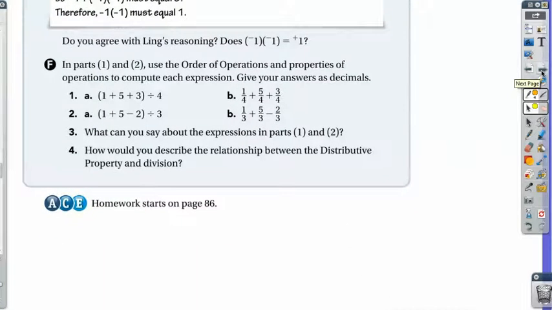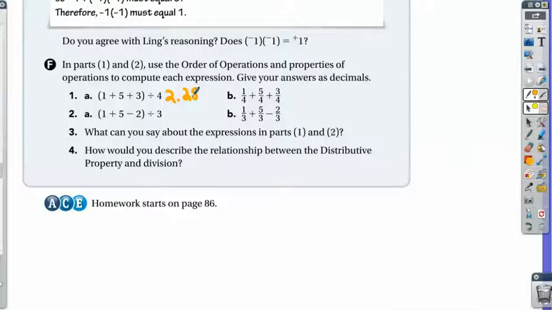So do I have a volunteer who can show us how to do F1? Jay? So F1 is pretty simple. Since these are in parentheses, you add these up, you get 9. 9 divided by 4 is 2 1/4, or 2.25. And then over here, you've got basically the same equation in a different form.